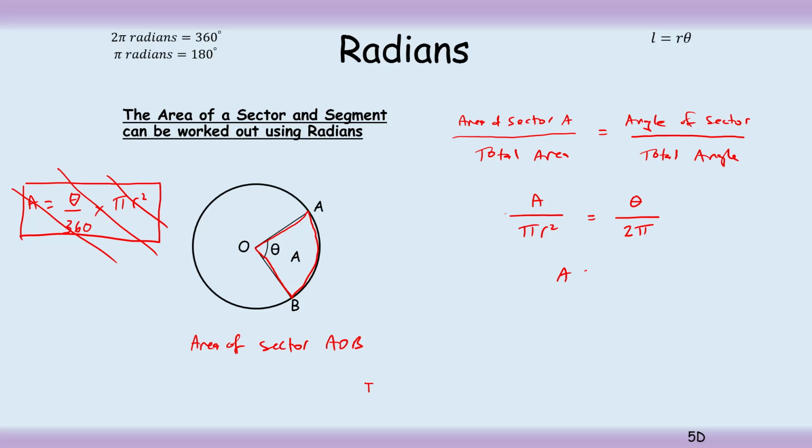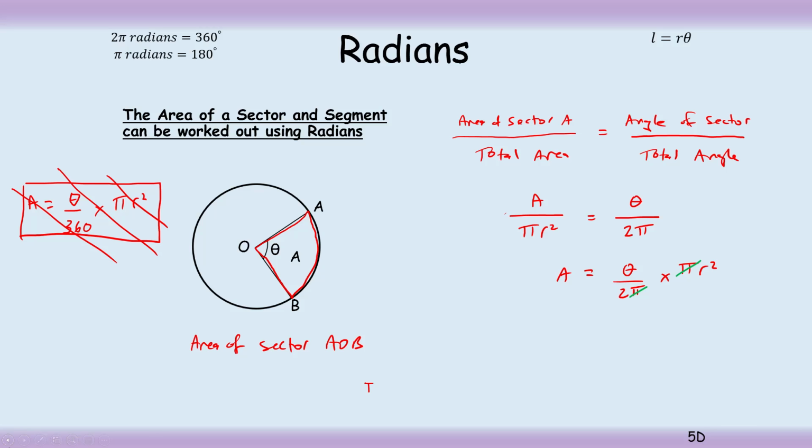So A is going to be equal to theta divided by 2 pi times pi r squared, because dividing on this side becomes multiplying on this side. If I change color, I'll use green this time to cancel. So I can cancel pi on the top and pi on the bottom.